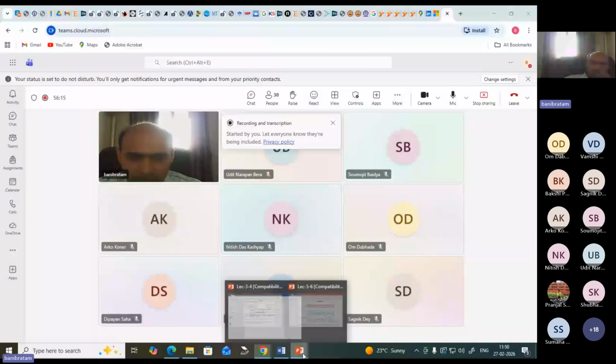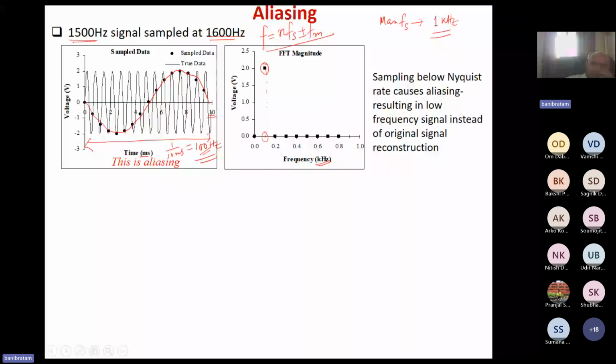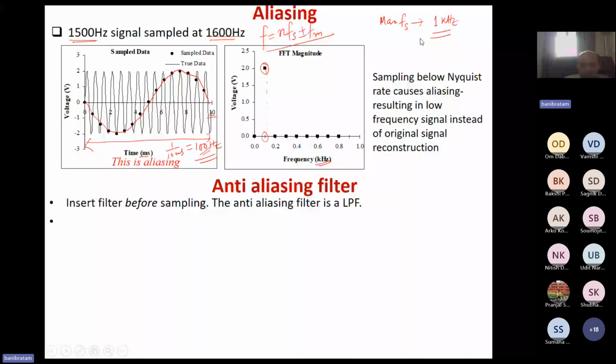What I said is that if my sampling frequency is fixed, the signal frequency can be anything, so I have to restrict the input signal to a particular value. For that I can use an anti-aliasing filter. This filter is inserted before sampling, and it is nothing but a low pass filter.